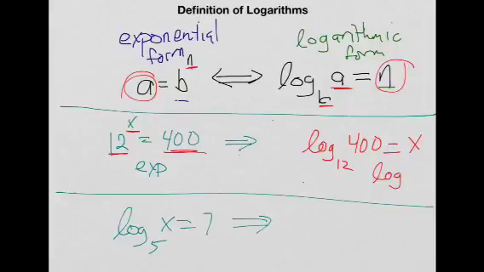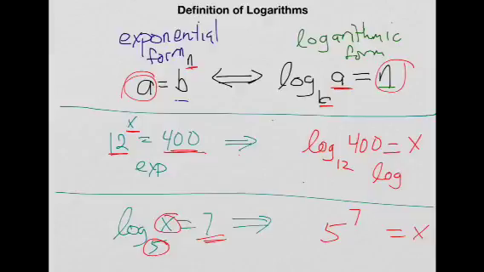My base is 5, so that means I have 5 to a power. My output is going to be x, and my output 7 is going to be my input. So now I have 5 to the 7 equals x. That's a problem I can plug into the calculator and do.